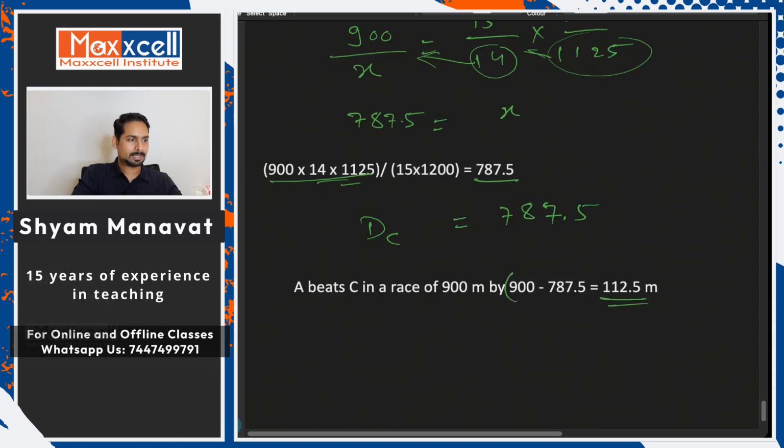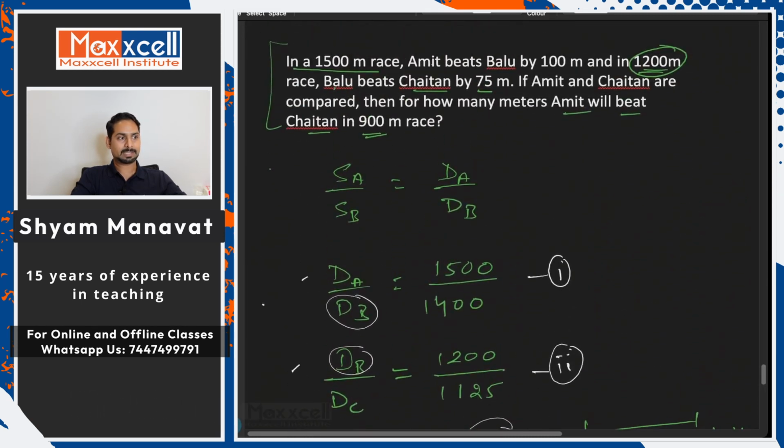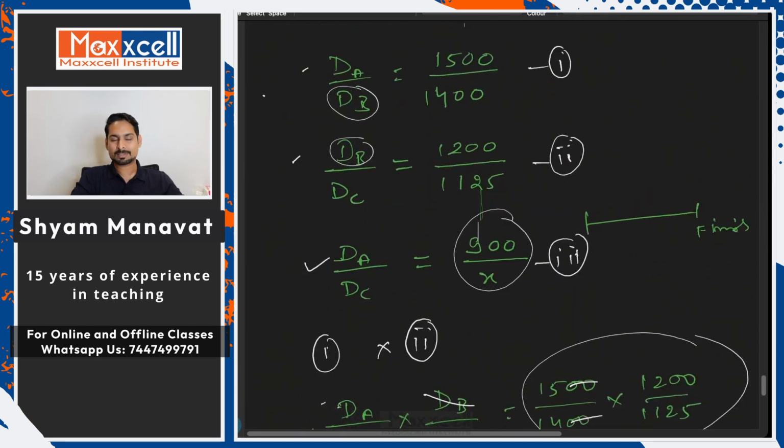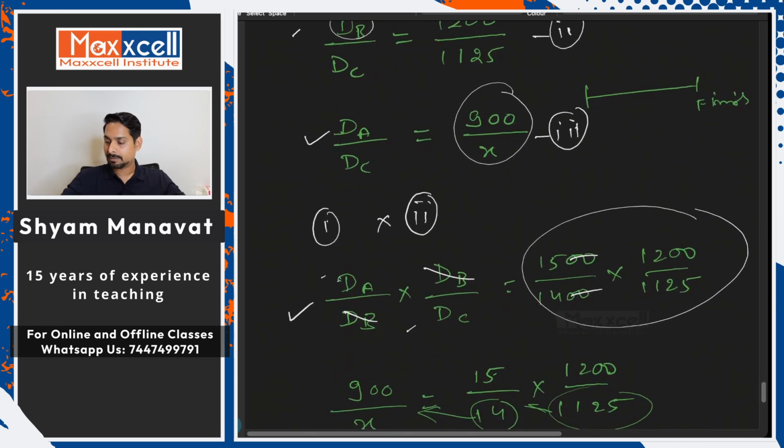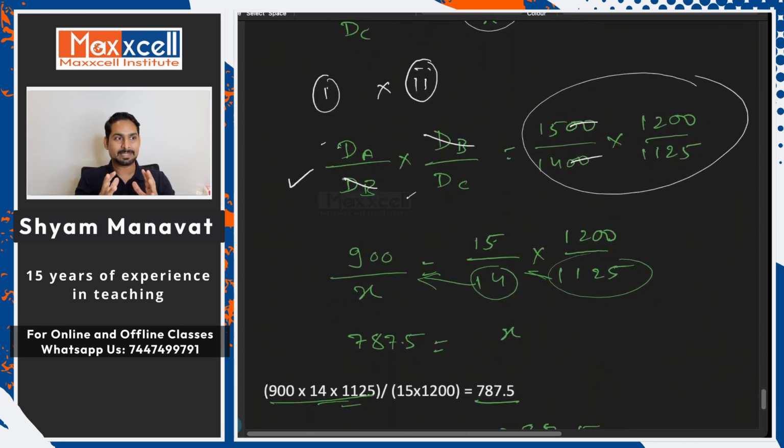Okay, I hope this part is clear. Yeah, so we can make the explanation look smaller, and that will be the shortcut. We can reduce this further and get the answer even faster, but let's practice the basics and make our basics stronger so that we can be comfortable with the shortcuts.